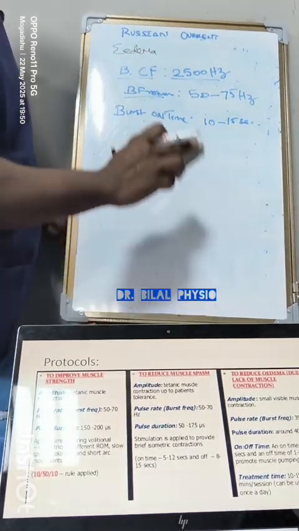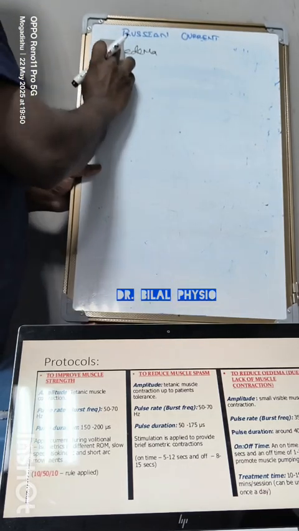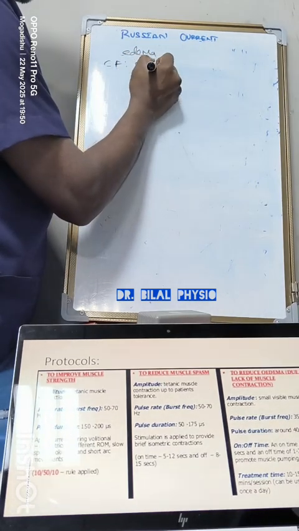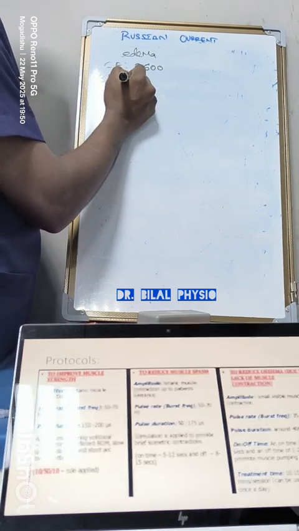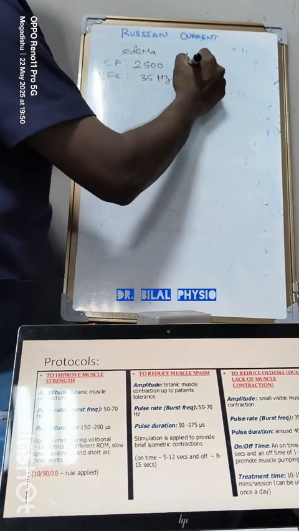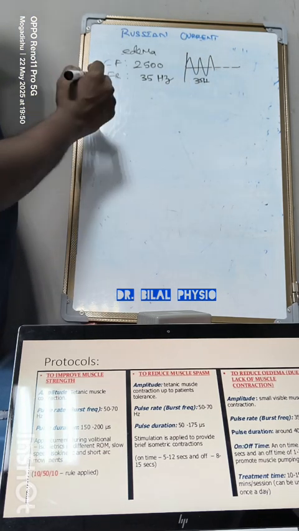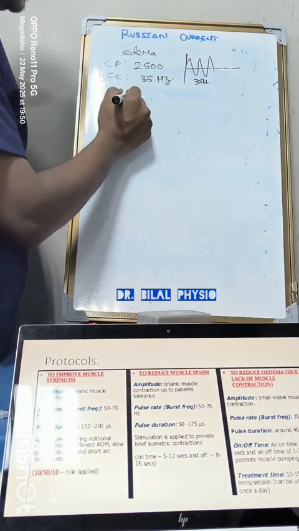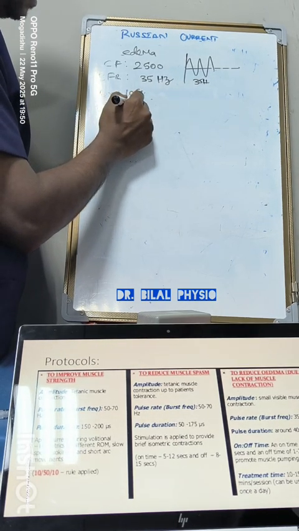For the edema, with the same carrier frequency of 2500 Hertz, the burst frequency of 35 Hertz is fair enough, which we can apply during the burst on time, with a burst on for 10 seconds and burst off for 10 seconds.